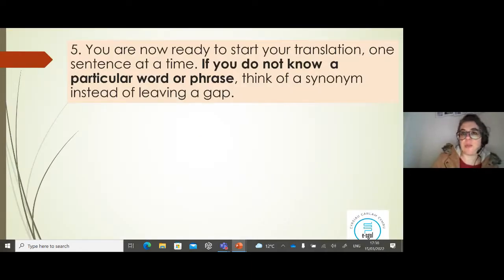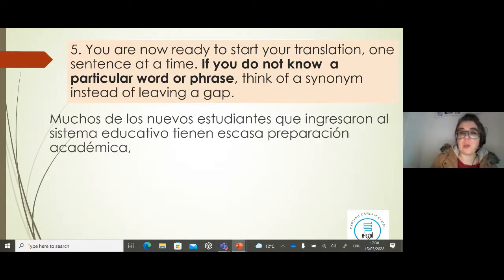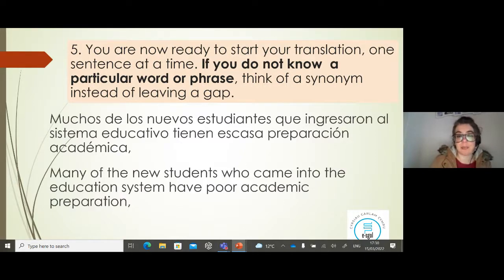So at this point, you're ready to start your translation, one sentence at a time. If you don't know a particular word or sentence, think of the synonym again instead of leaving a gap. So we're going to start looking at this sentence word by word. Muchos de los nuevos estudiantes que ingresaron al sistema educativo tienen escasa preparación académica.